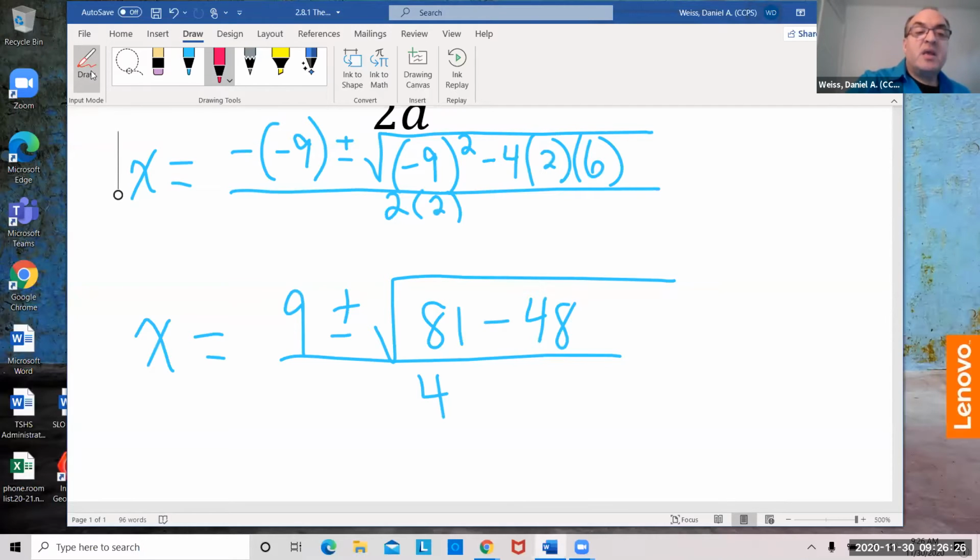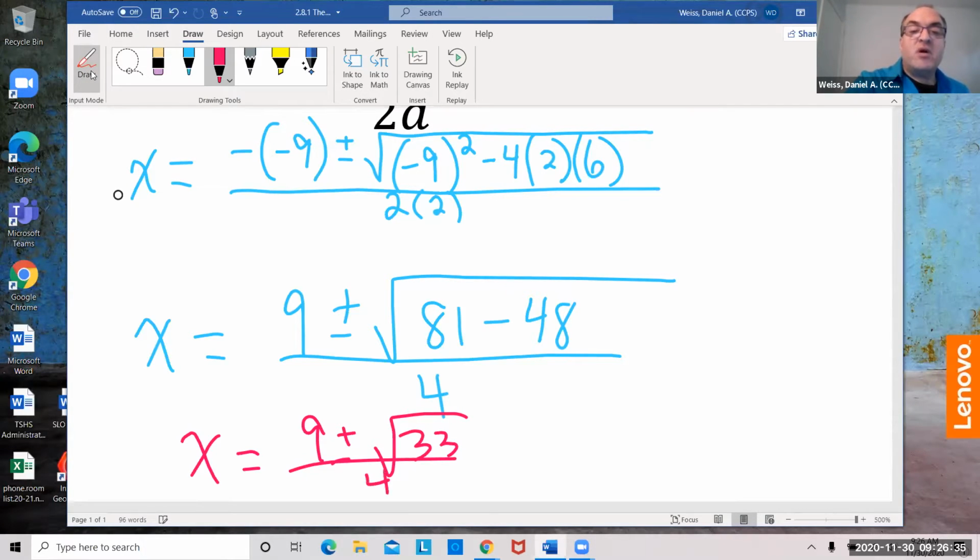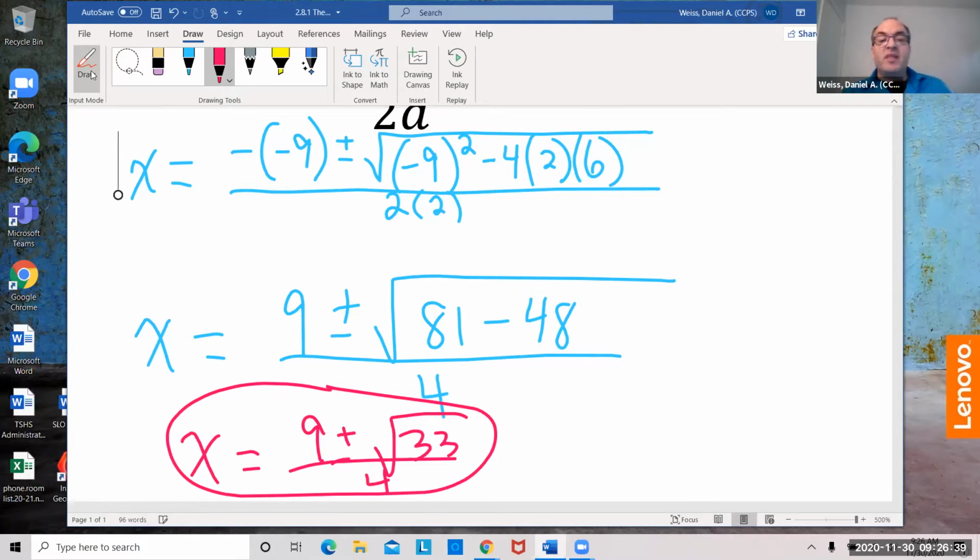Finish. X equals 9 plus or minus square root of 33 all over 4. Done. That was a little sloppy, sorry. There's your answer. Okay.